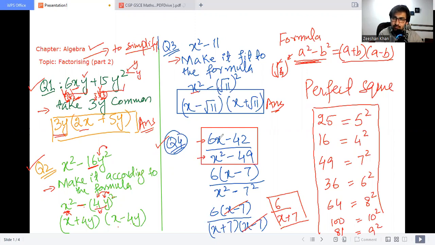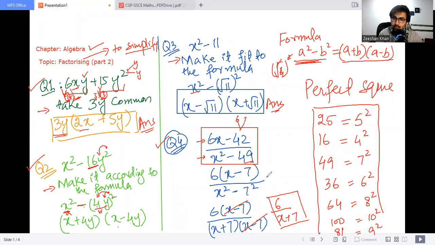So we can take 6 common from this. So when you take 6 common, x will be left here and minus 7 will be left here, because 42 is 6 times 7. So if we take 6 outside of the bracket, x minus 7 will be left inside the bracket.